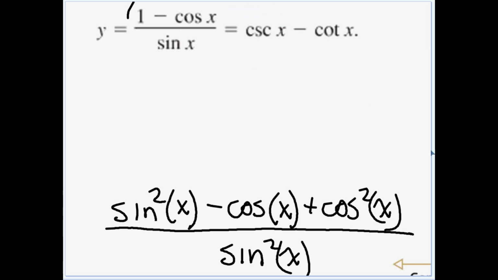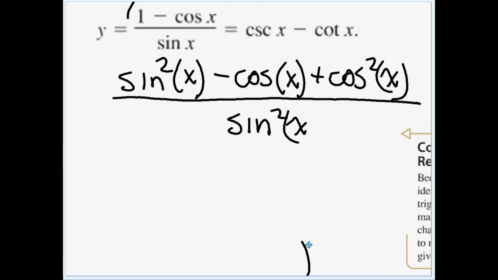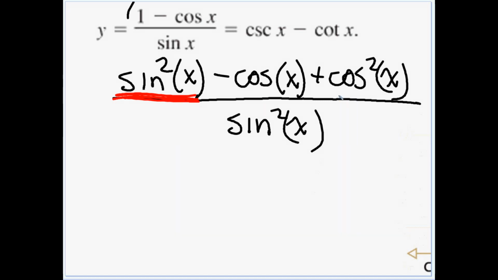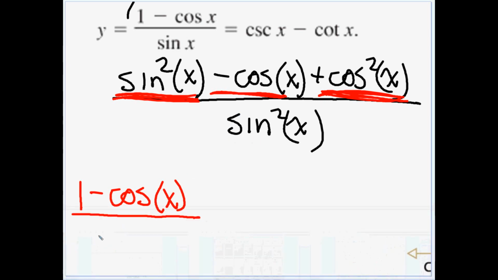Now, even though they're not right next to each other, we do have a sine squared plus a cos squared. And we saw, I think, just in the last example, that sine squared plus cos squared, well, that's just going to turn into a 1. So we're going to have a 1 to keep the minus cos x company. 1 minus cos x, and that's over sine squared.